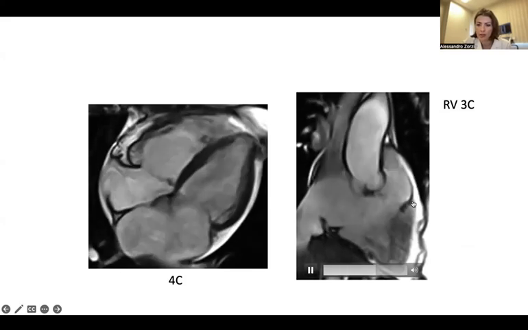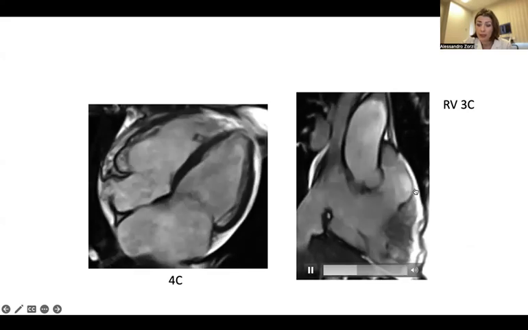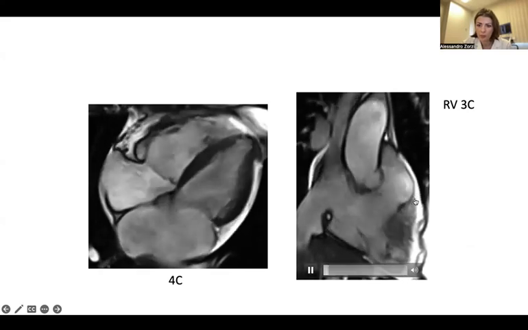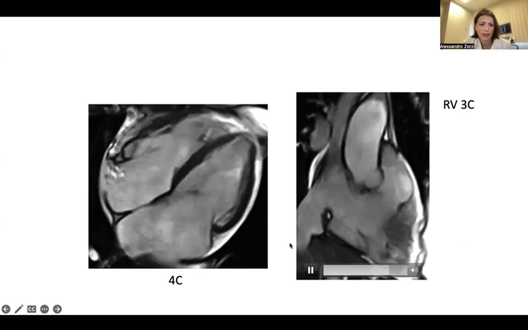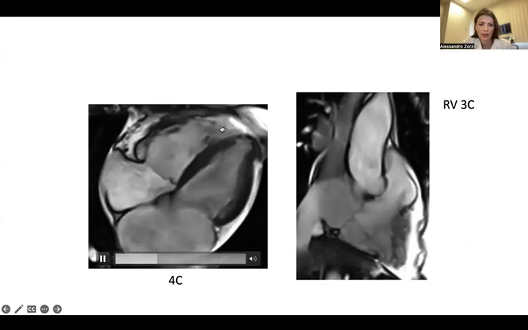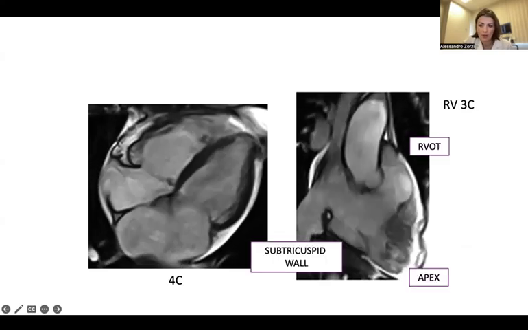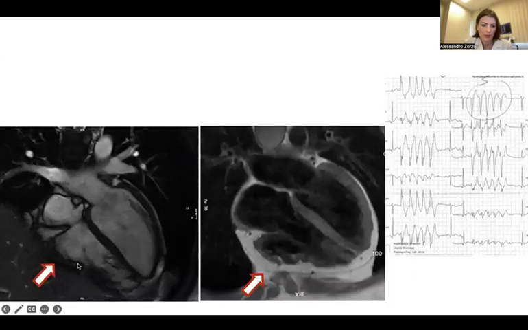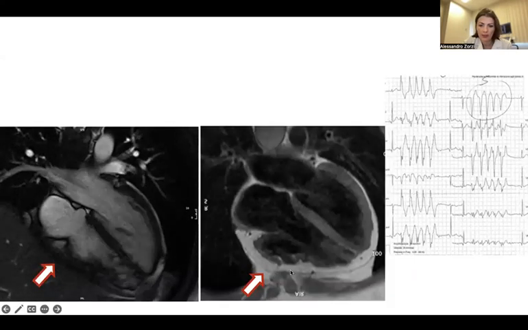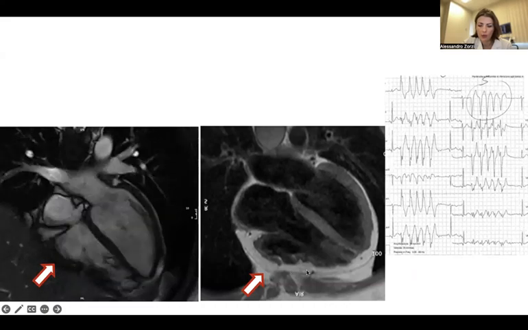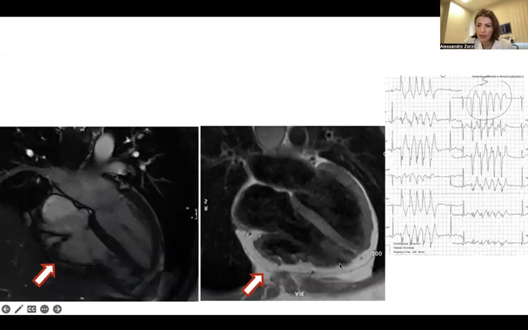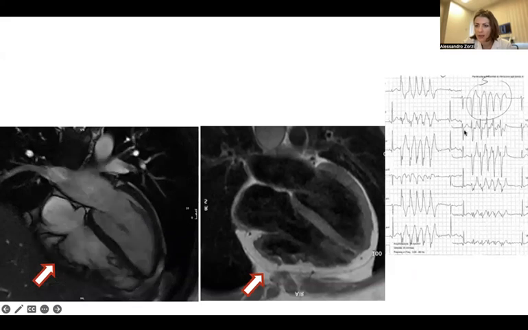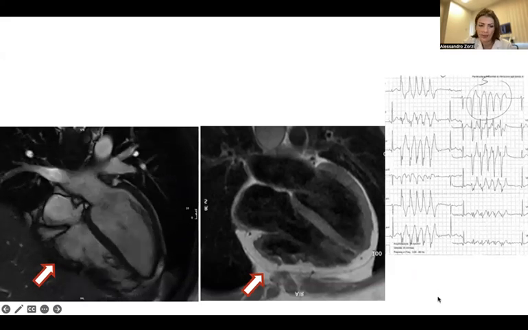You can see this infundibular bulging, how the wall is displaced, and also here apical bulging. Okay, and once again, this is a subtricuspid bulging with fibrofatty tissue replacement, and these are the arrhythmias that this patient had.